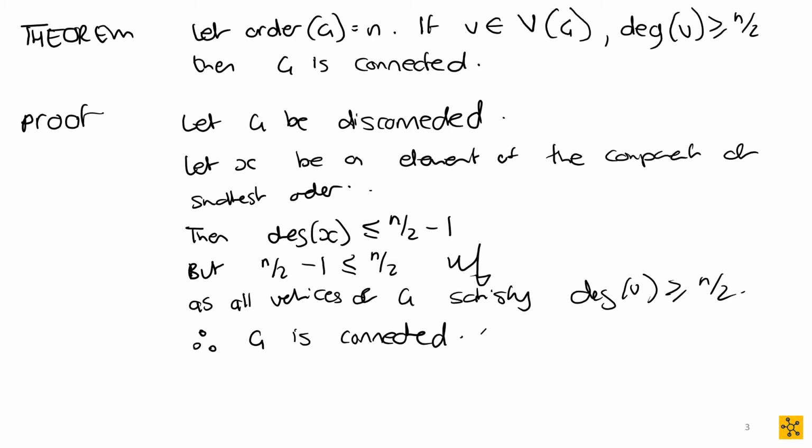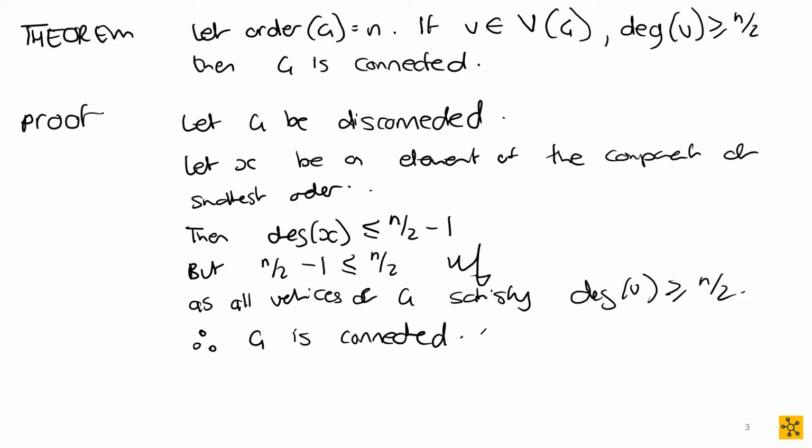So let's just go through that again. We have a theorem that says let the order of G be equal to n. If V is an element of the vertex set, so it's any arbitrary V, and the degree of V is greater than or equal to n over 2, then G is connected. Because V is any arbitrary vertex, all the vertices of G must have a degree greater than or equal to n over 2 for it to be connected.